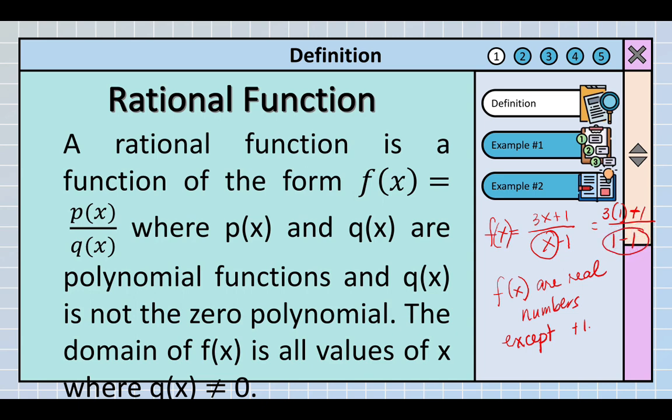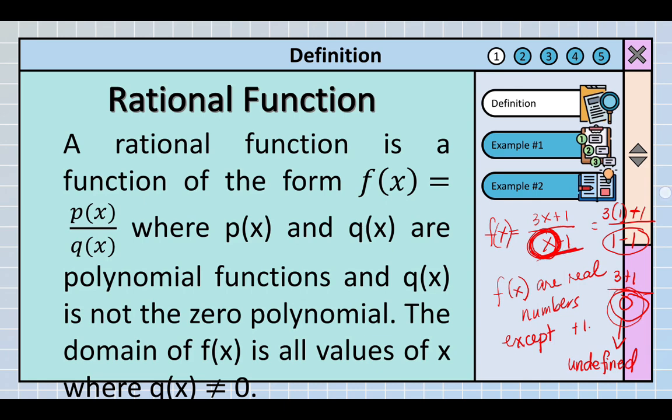Now the denominator, when we subtract 1 minus 1, becomes 0. If 0 is the denominator, that is undefined, and we cannot have an undefined function. It is not a rational function if 0 is the denominator. So any number is allowed except those that make our denominator 0.